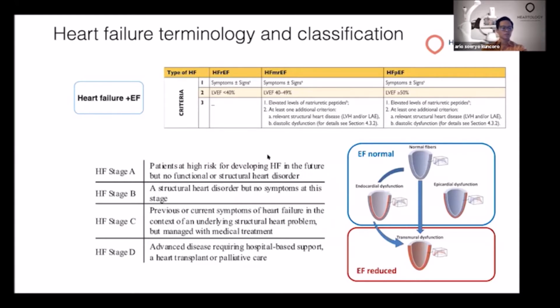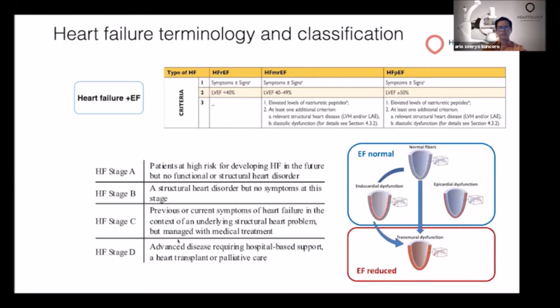So based on ejection fraction, you can define a patient as reduced ejection fraction, preserved ejection fraction, and also intermediate between reduced and preserved ejection fraction. For all of these classifications, a patient has to have at least one or two symptoms and signs of heart failure, and then you look at the ejection fraction.